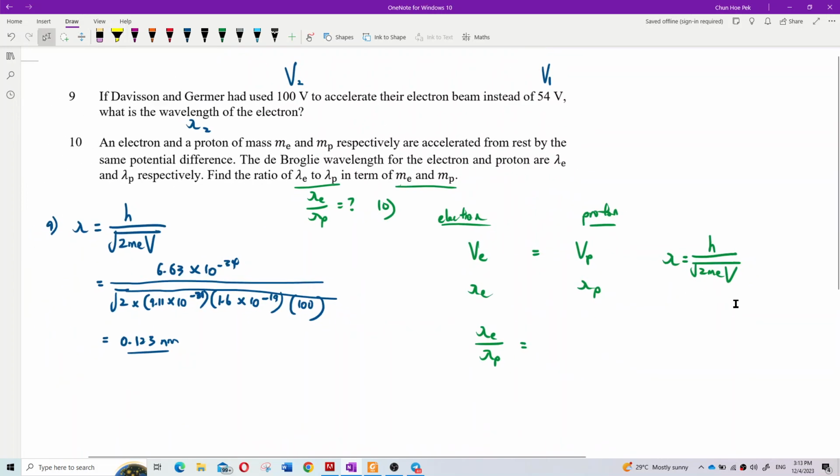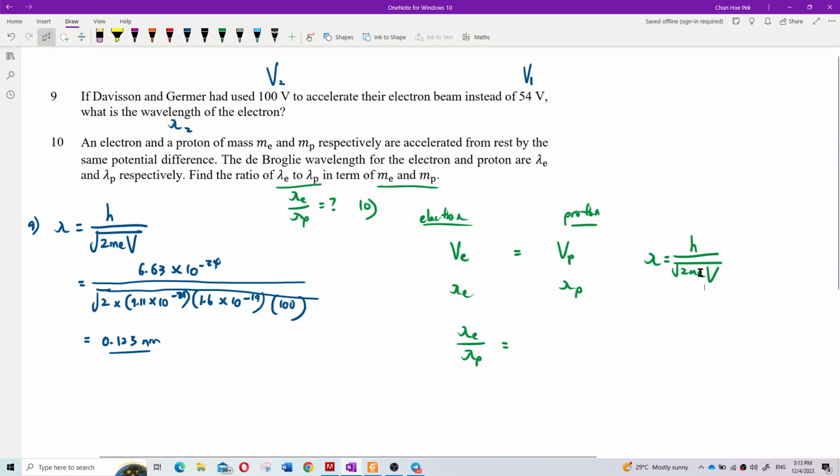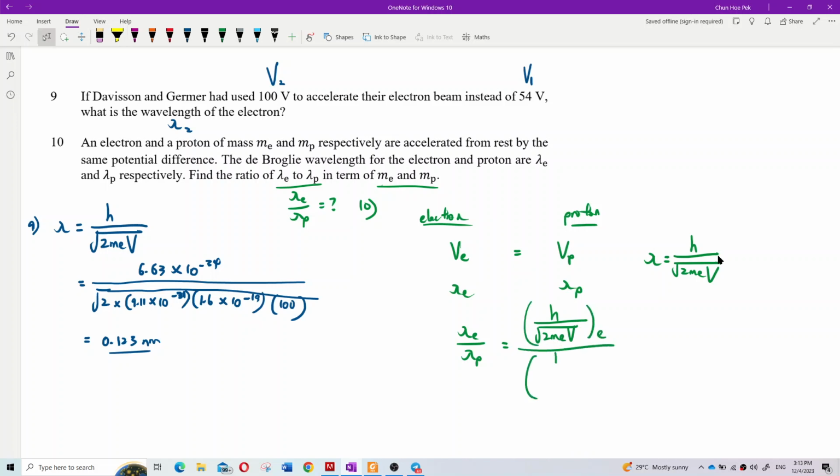So lambda E is h over root 2meV for the electron, over the h over root 2meV at the bottom for the proton. Okay, so I can cancel off the rest already.